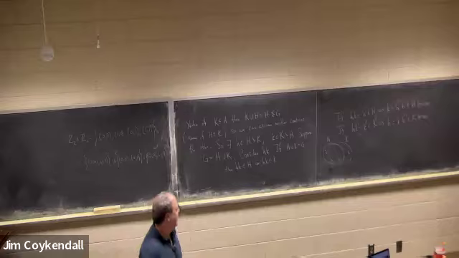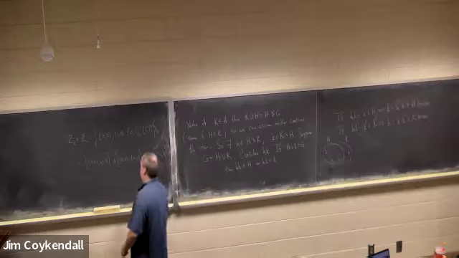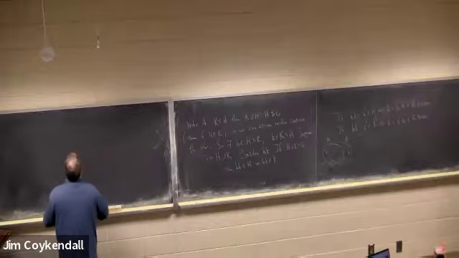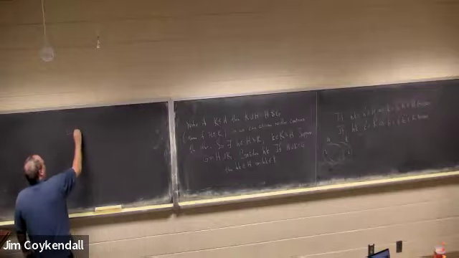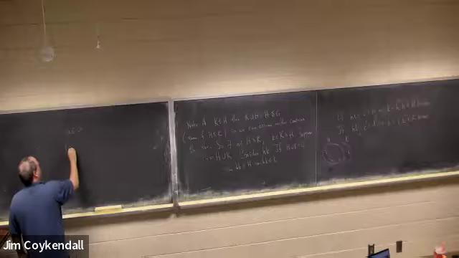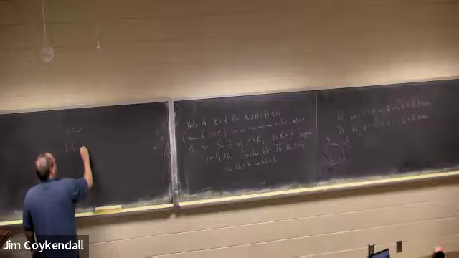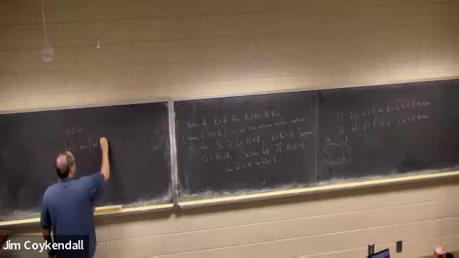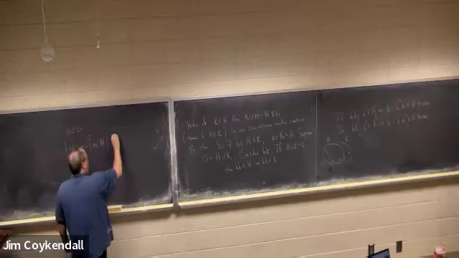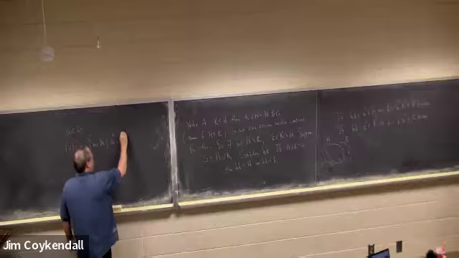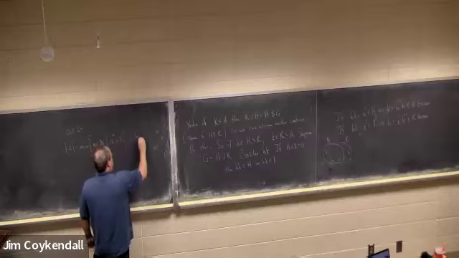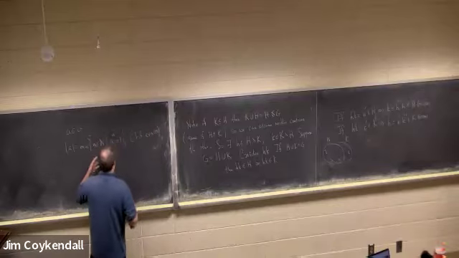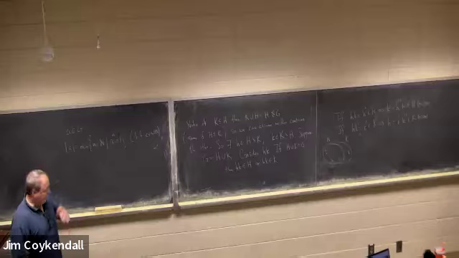So the order of A in G is the smallest such n, if it exists, and if no such n exists, we'll say it's infinite order.